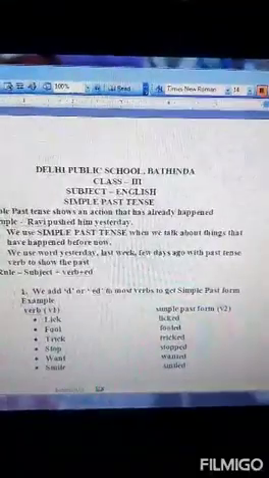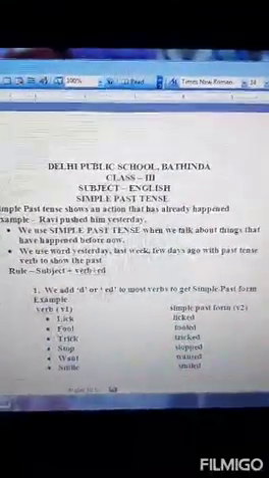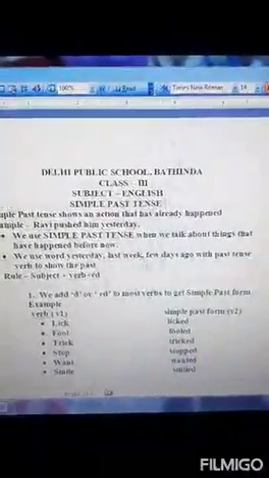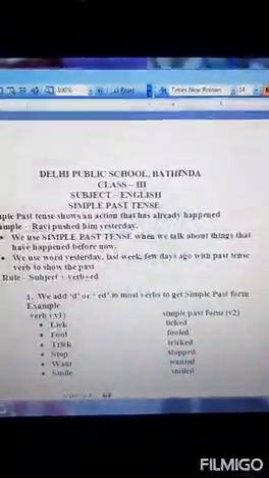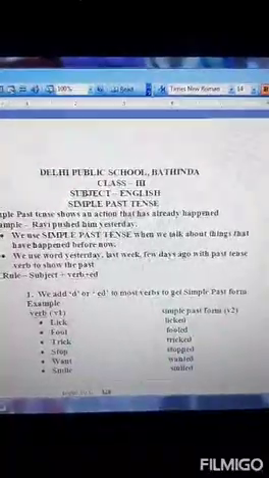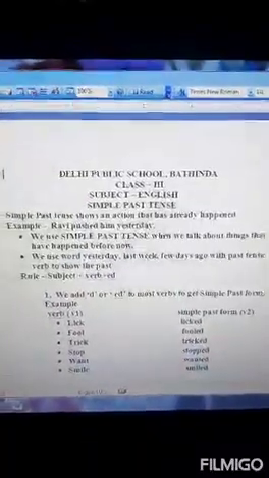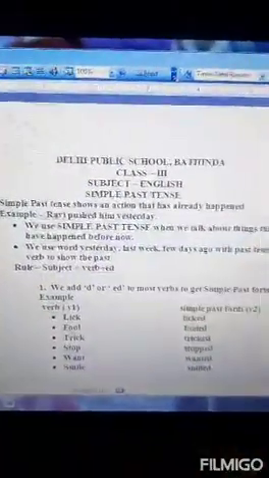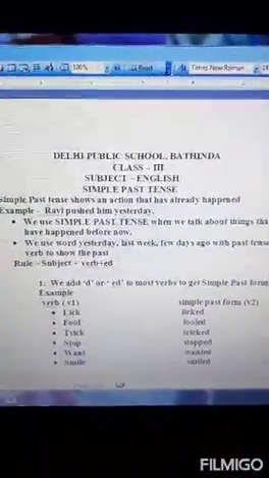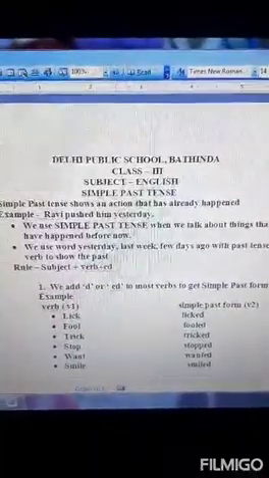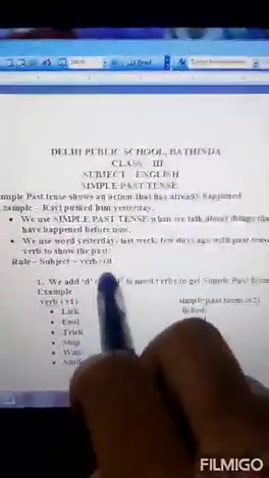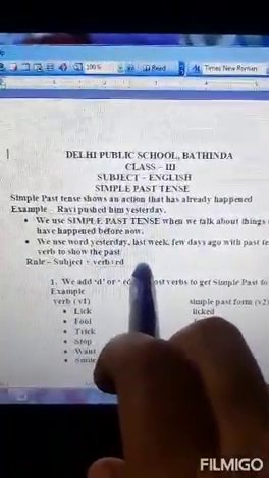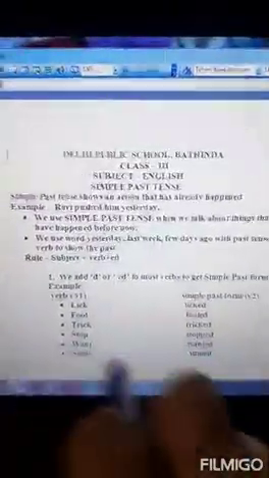Second, we use words like yesterday, last week, few days ago with past tense verbs to show the past, meaning the time of the past. And what is the rule? If we need to make the second form of the verb, I will say push, pushed. By adding ed, it becomes the past form. So by adding ed with the verb, we are changing the form of the verb to the past tense.